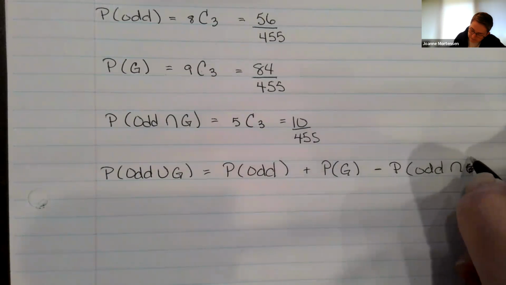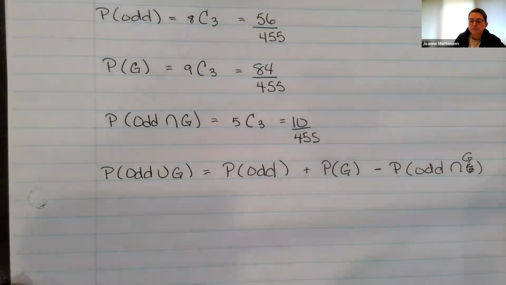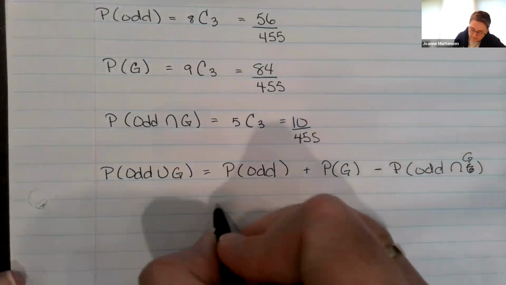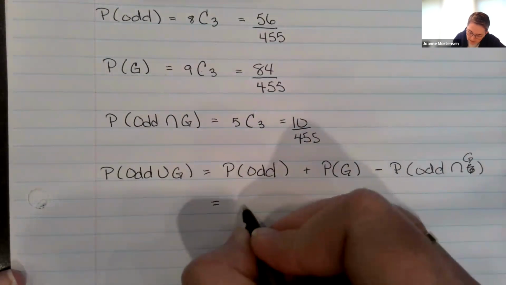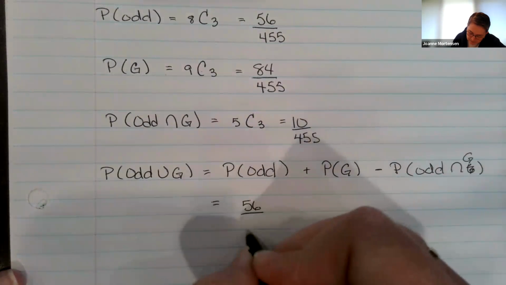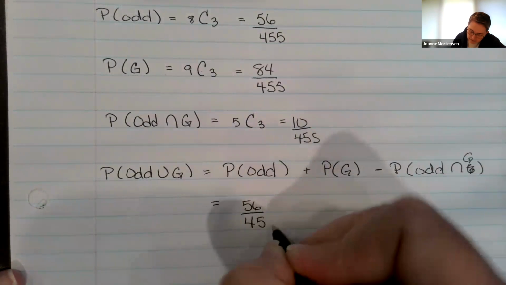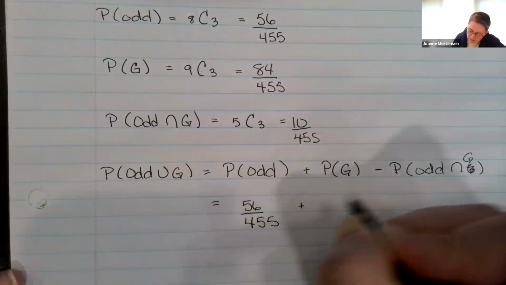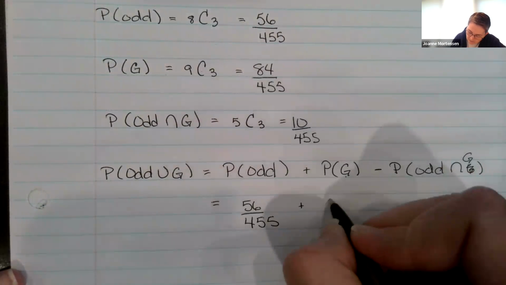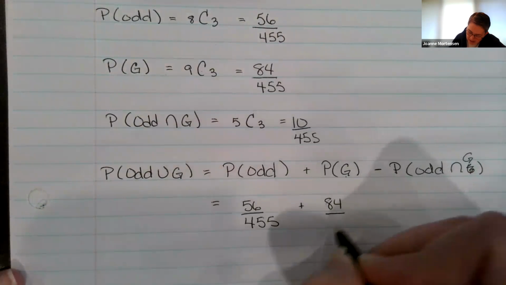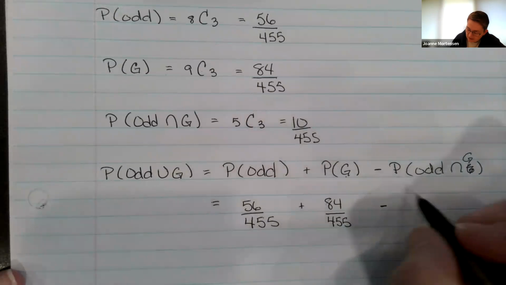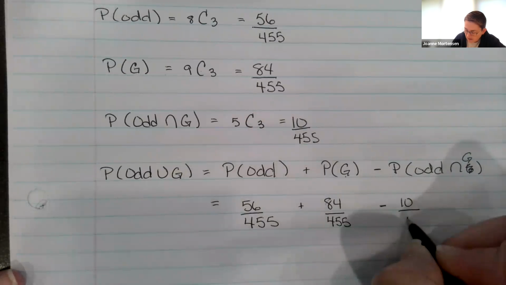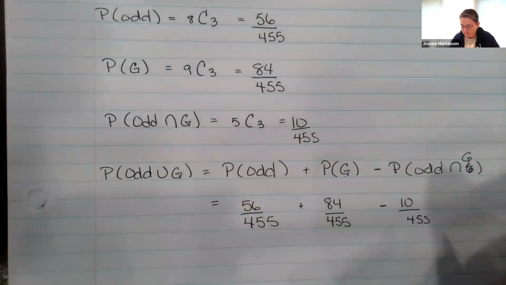Now I can use all these bits that I figured out. So 56 out of 455 plus greater than, that was 84 out of 455, minus the overlap, which we figured out was 10 over 455.